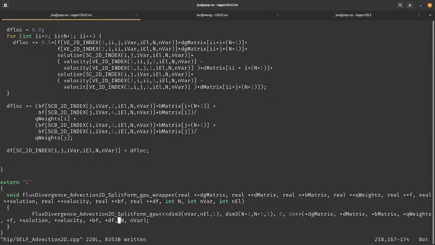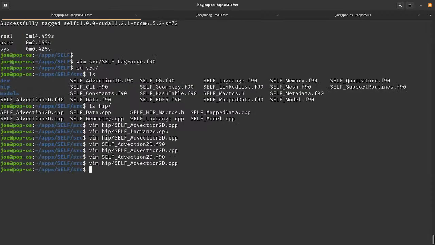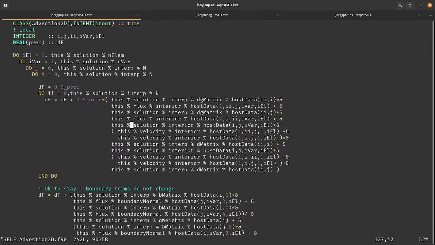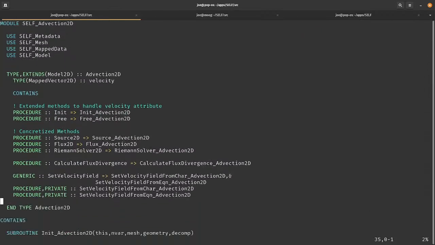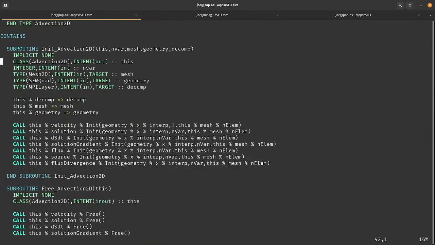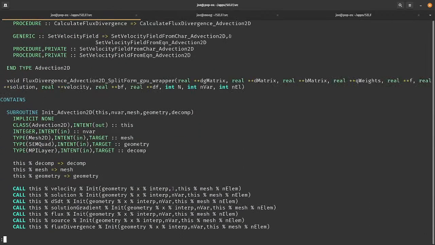All right, so now what we're going to do is we need to write the interface. So we're getting there. We're going to copy that Flux Divergence interface there. Let's go back into self-advection. And let's create an interface. I'm going to keep that.